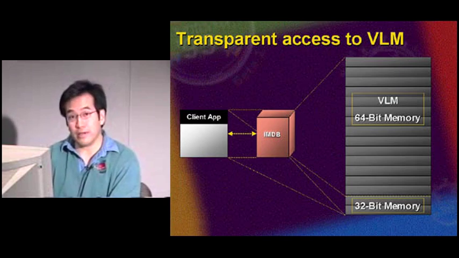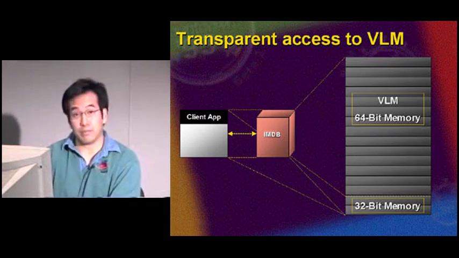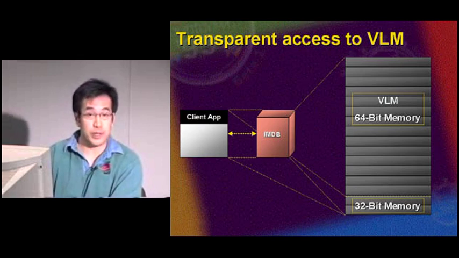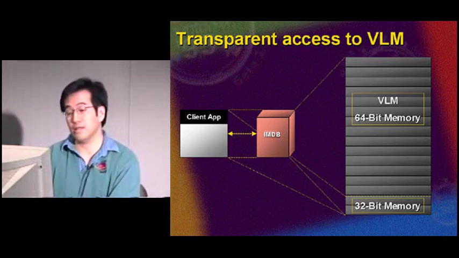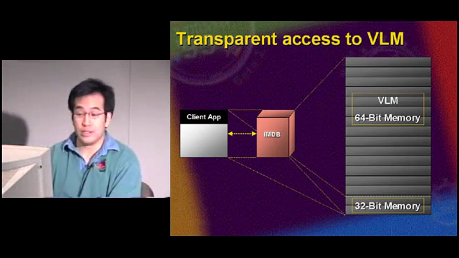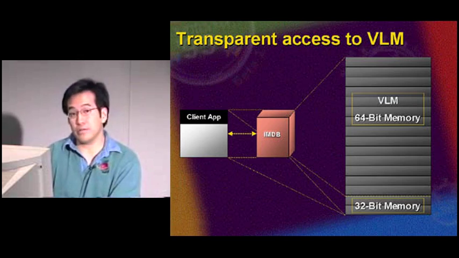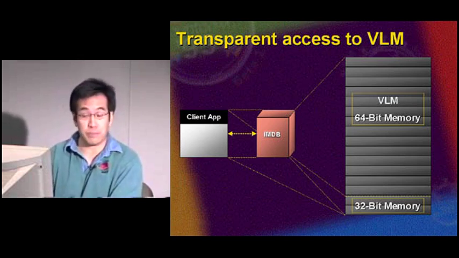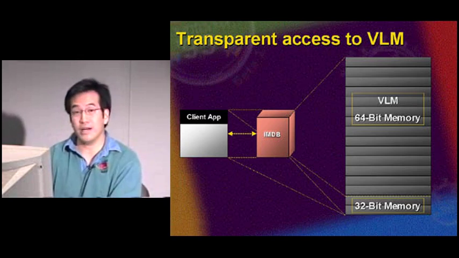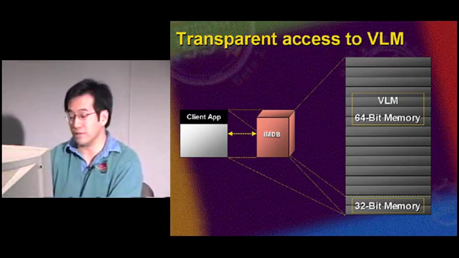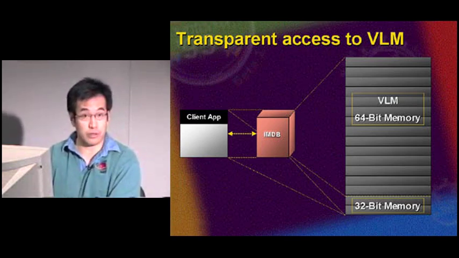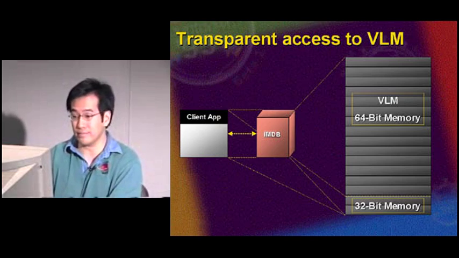On Digital Alpha, that would increase the size of the potential data cache up to 23 gigabytes, potentially holding much larger data sets. Note that the client application does not need to move from 32-bit to 64-bit pointers in order to take advantage of this larger memory space. If it chooses to use IMDb, it is IMDb that transparently takes care of the 64-bit pointer work for the client application.